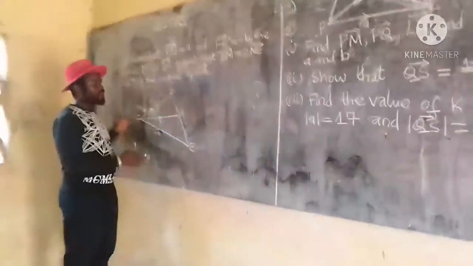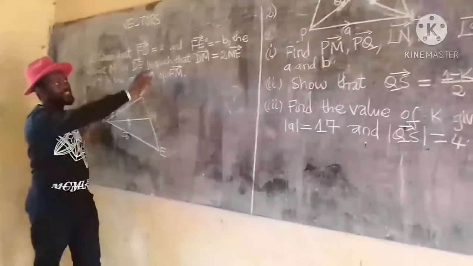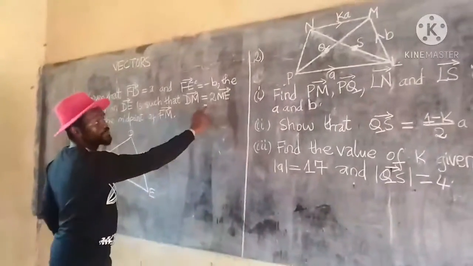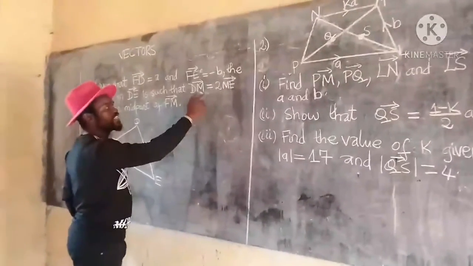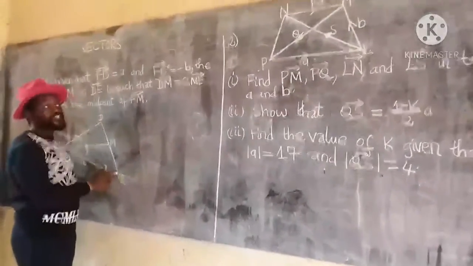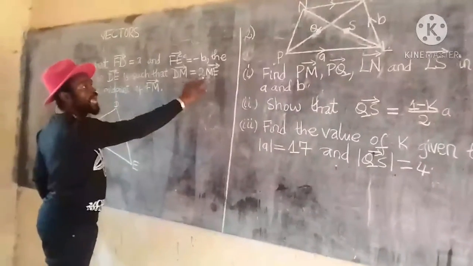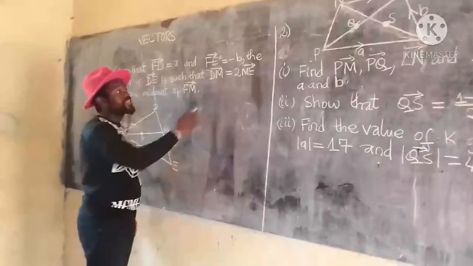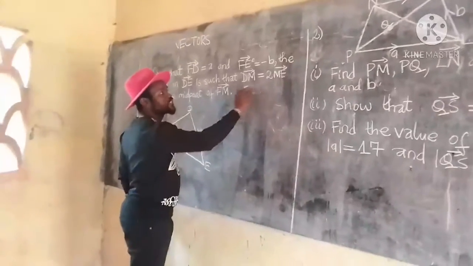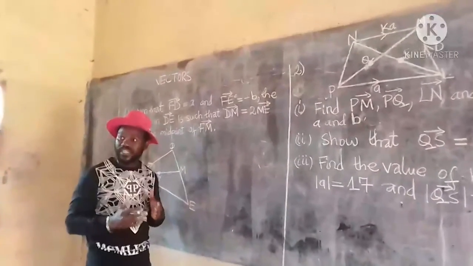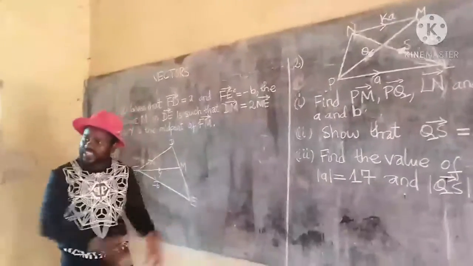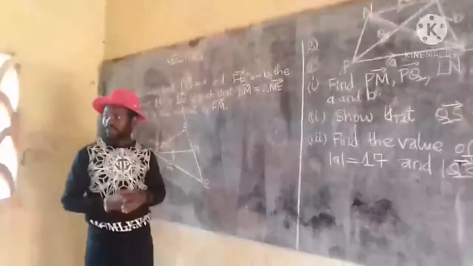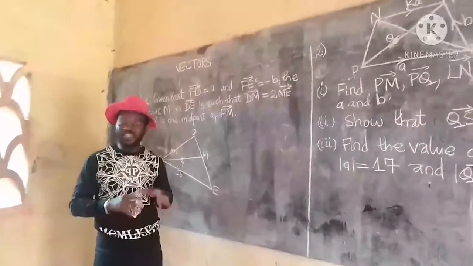We got the 2 over 3 when we consider this relationship. This relationship is telling us that M is a point on DE, such that you have DM equal to 2ME. It means that ratios are very important to help you know the part that a particular vector occupies on a given line segment.